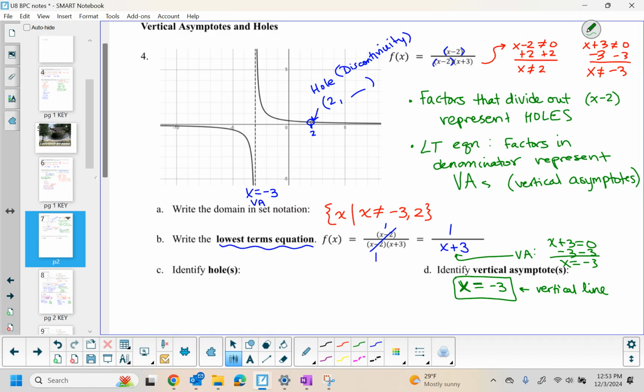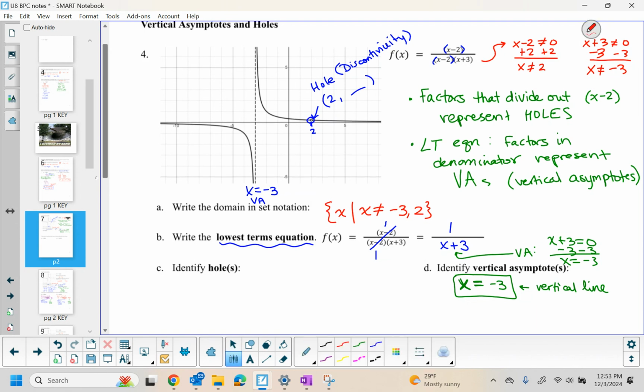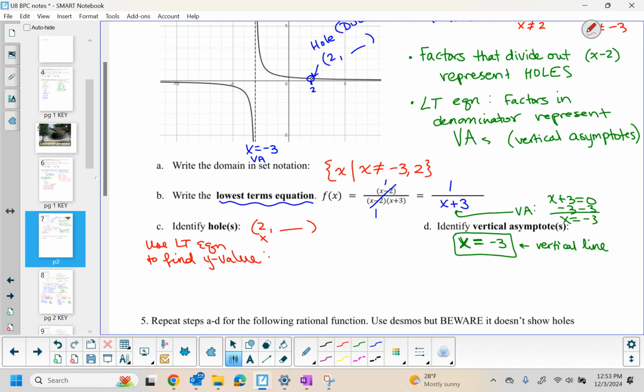So I need to write the x equals. That's really important. Okay. So when I identify the hole, I know it's 2 comma something. I'm going to use the LT equation to find the y value of where the point would have been. So I'm going to say y equals 1 over x plus 3.